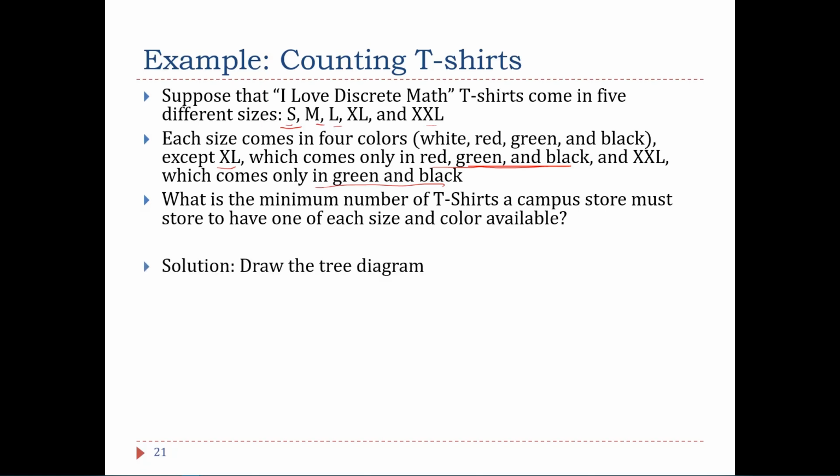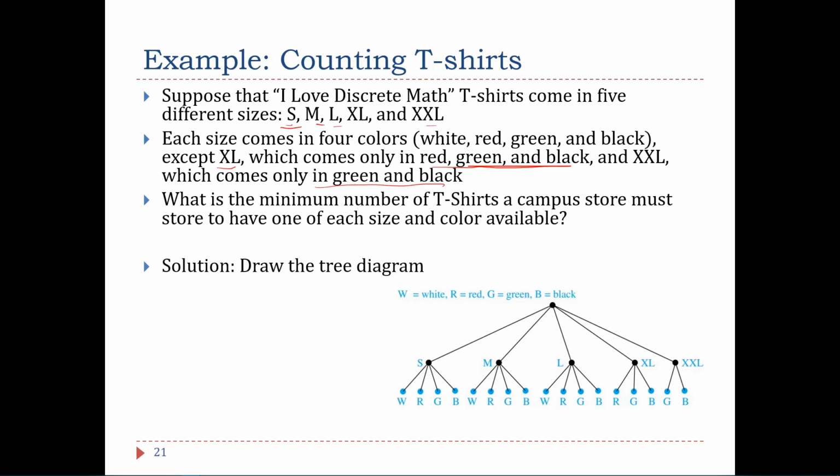So to draw the tree diagram, first of all, we can count the possibilities for the size, which are 5 different sizes. We know that those subtrees are complete. They have all the four different choices, white, red, green, and black. But we know that, so maybe we can do the usual multiplication rule here or product rule, and then we know that we will end up with 12 different choices.